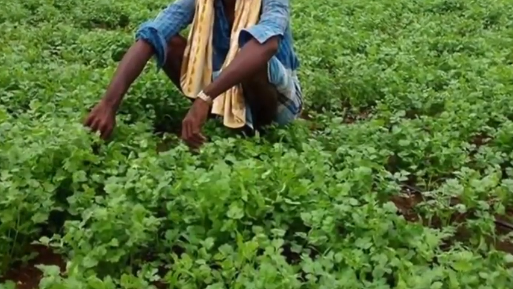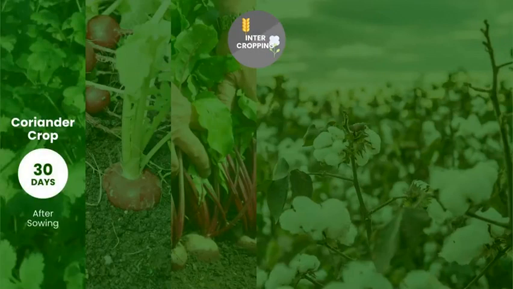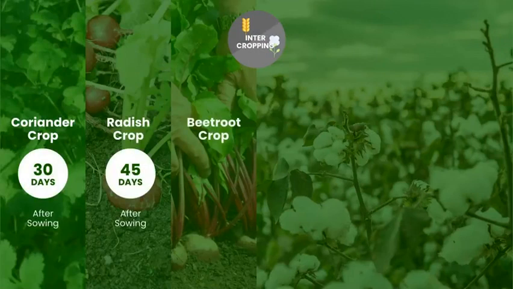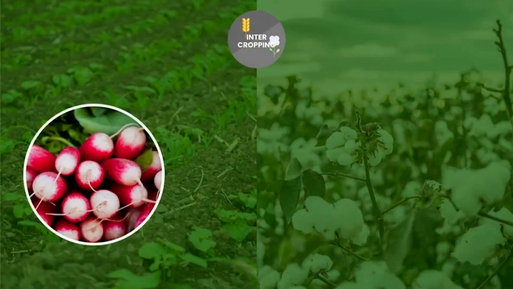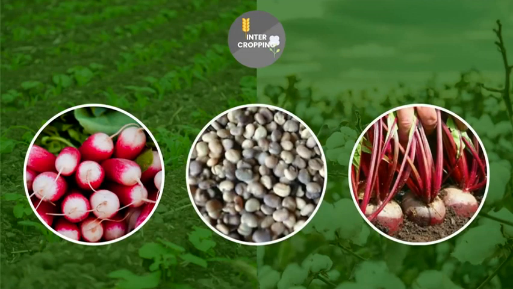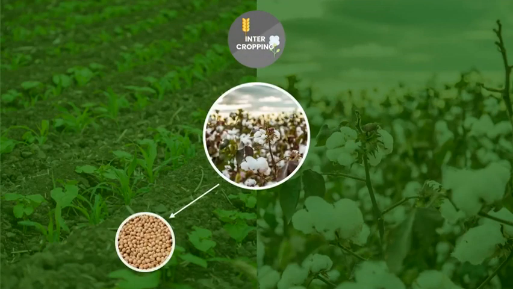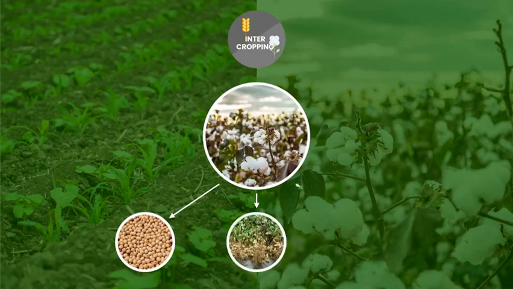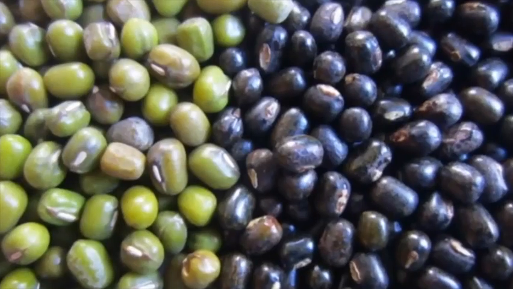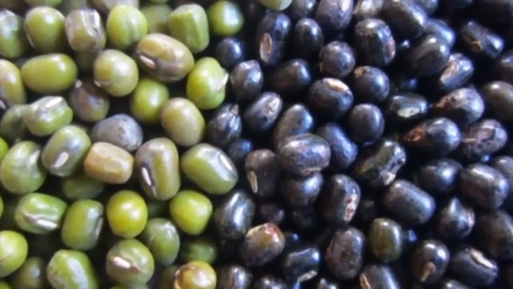Periodic harvest of intercrops, coriander 30 days after sowing or DAS, radish 45 DAS and beetroot 75 DAS leads to less competition within the component crops. Intercropping with radish and cluster bean and beetroot also provides high seed cotton yield. Intercropping can also be done with cotton and soya bean, groundnut and pulses, that is green gram or black gram.